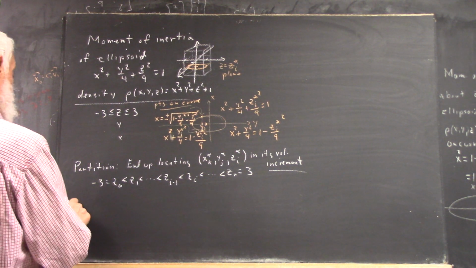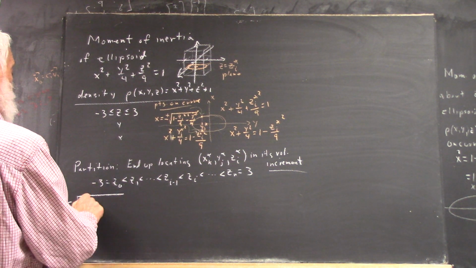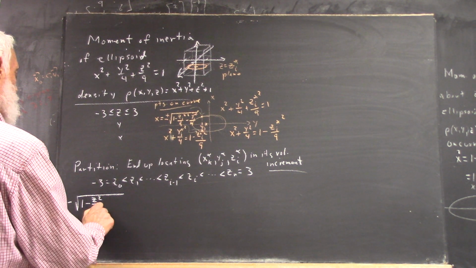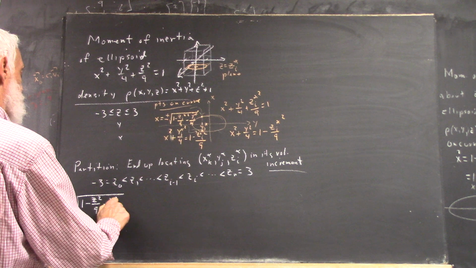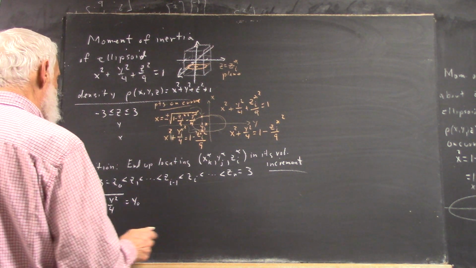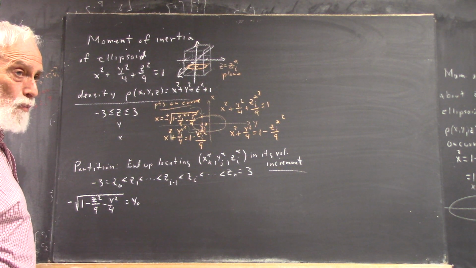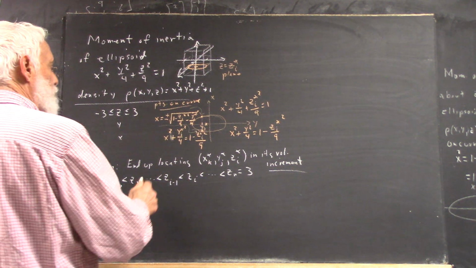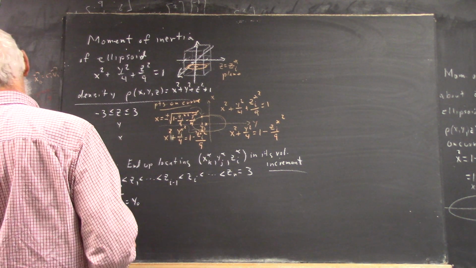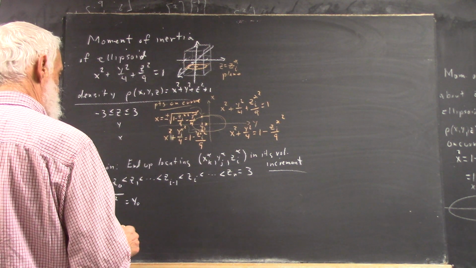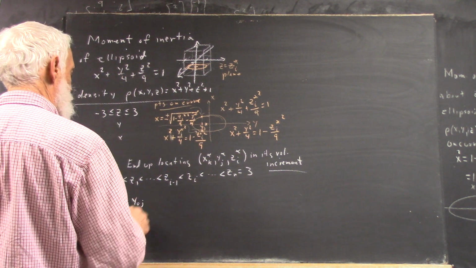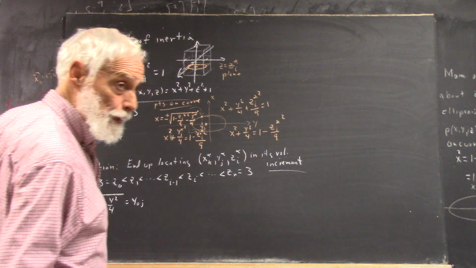So now we have negative square root of 1 minus z squared over 9 minus y squared over 4 equals x naught, but it's not just x naught, okay? Because we've got an i and a j here, it's got to be x naught j.